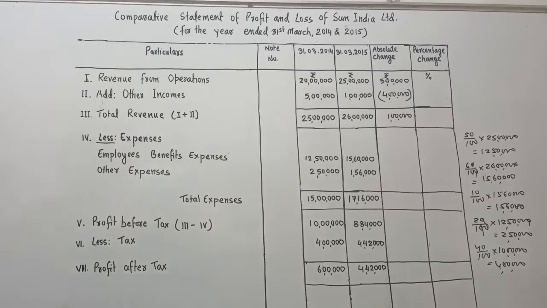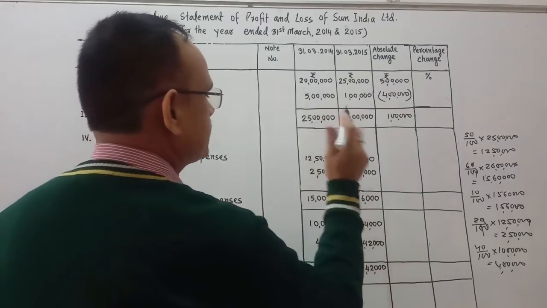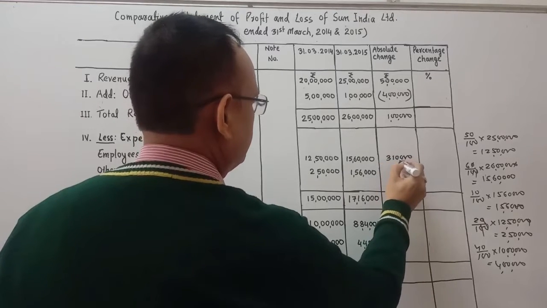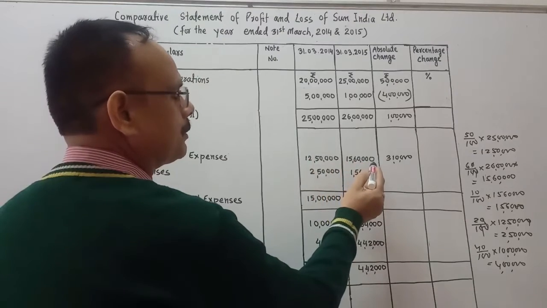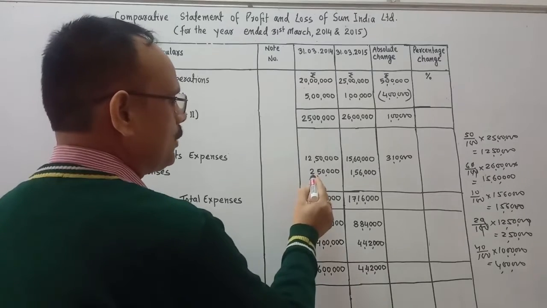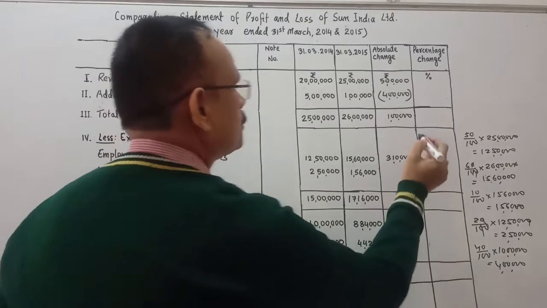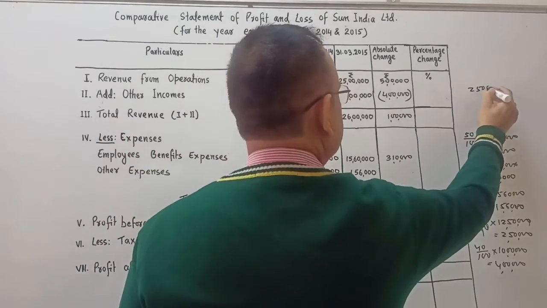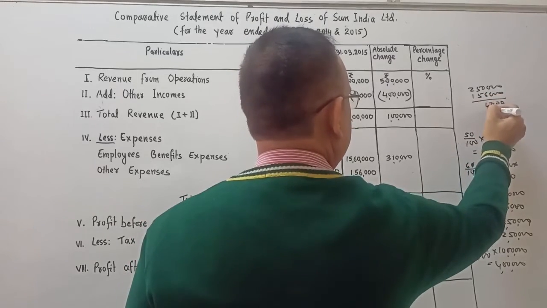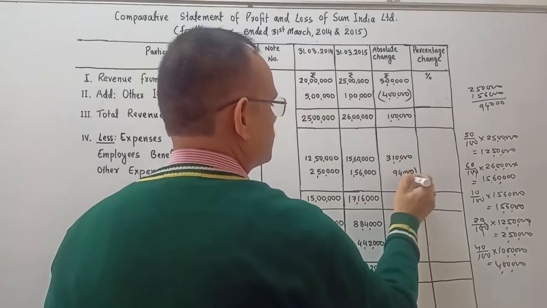Now same thing you do over here. In employee benefit expenses, 12 lakh 50,000 to 15 lakh 60,000. So it is increased by 3 lakh 10,000, the difference between 12 lakh 50,000 and 15 lakh 60,000. 2 lakh 50,000 to 1 lakh 56,000 is decreased by 94,000.